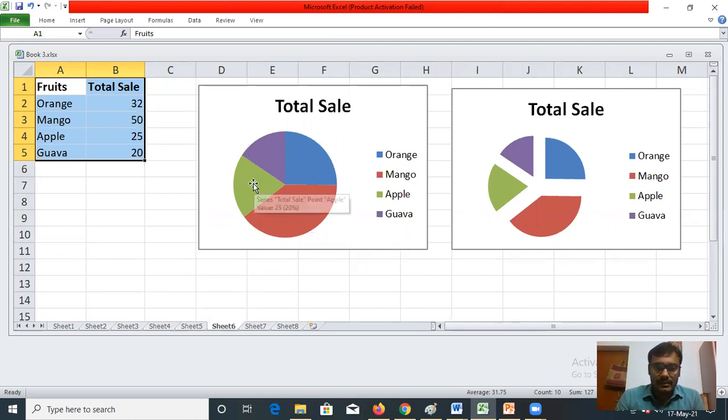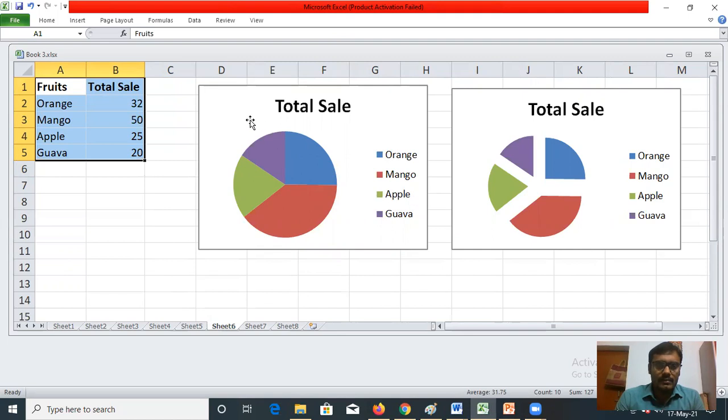Apple total sale is denoted with the green color area, and guava with purple color. Whatever area is occupied by purple denotes its total sale. And a sky color for orange; the area occupied by sky color denotes the total sale of orange.